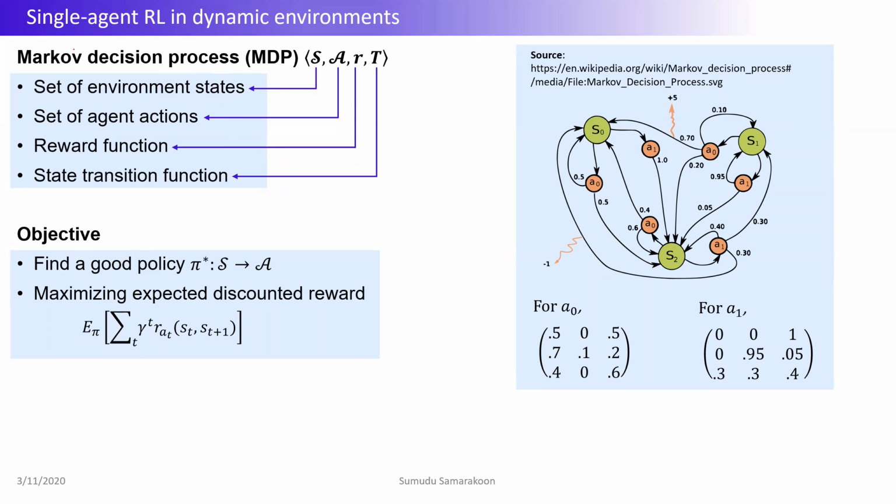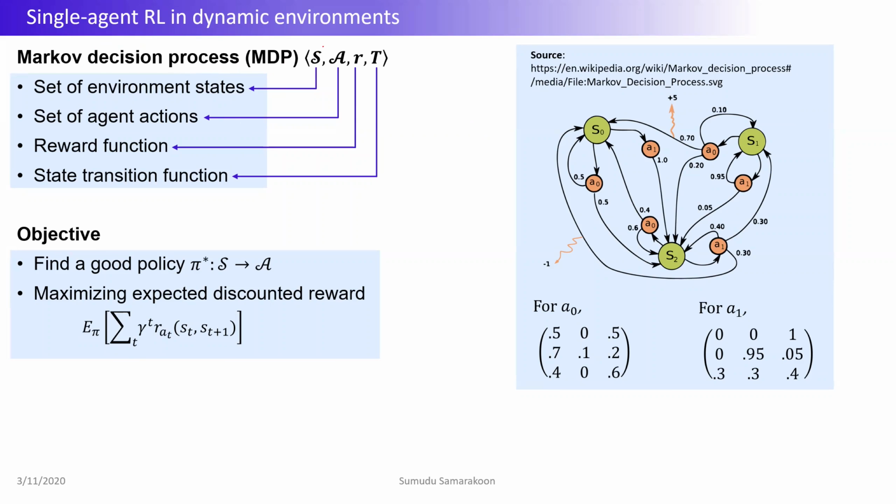Now let's focus on single agent RL in a dynamic environment. Usually these cases are modeled using a Markov decision process. A Markov decision process, an MDP, is composed of 4 components.